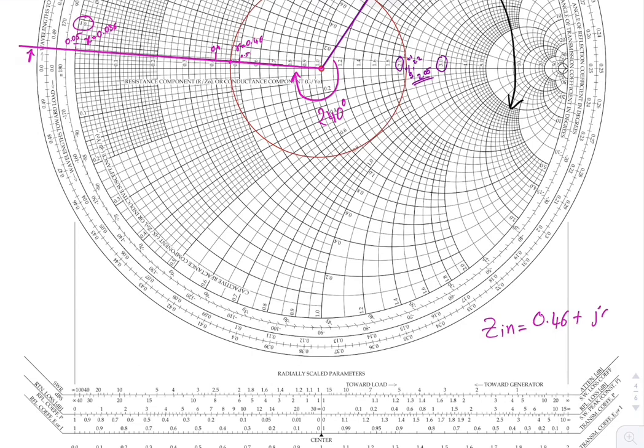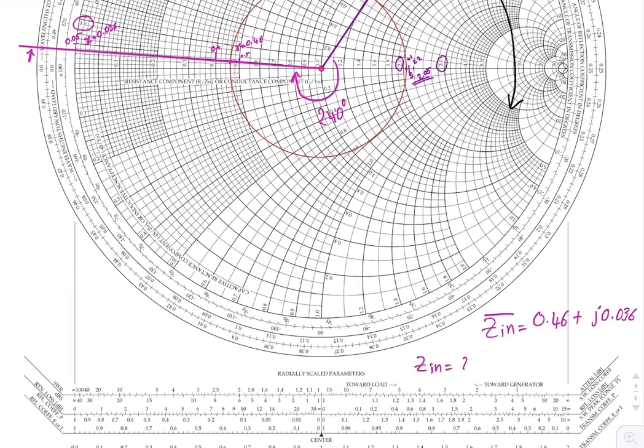Okay. The Zin value that I got here is 0.46 plus J times 0.036, but it is a normalized value. If you want the absolute value, this normalized value has to be multiplied with the characteristic impedance.